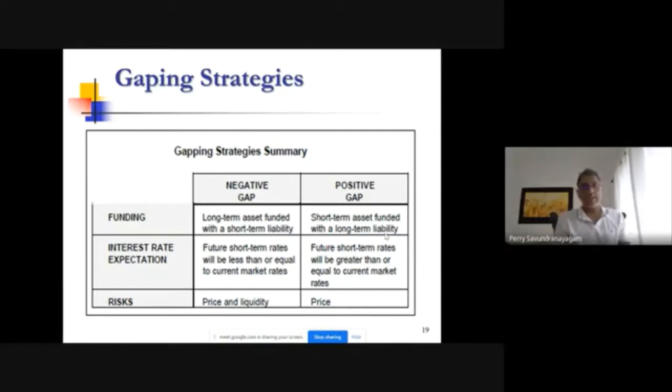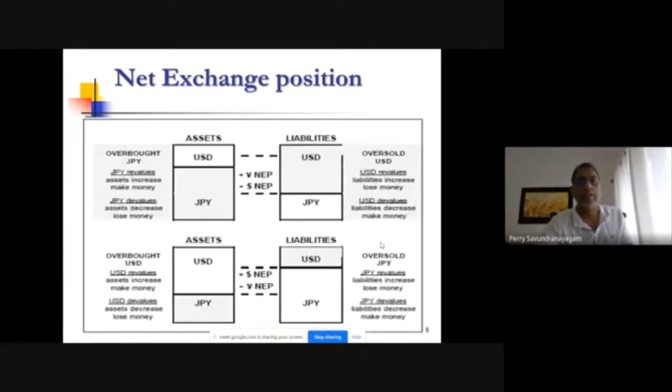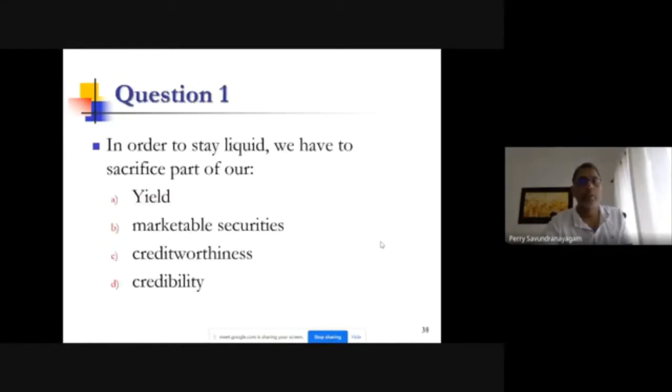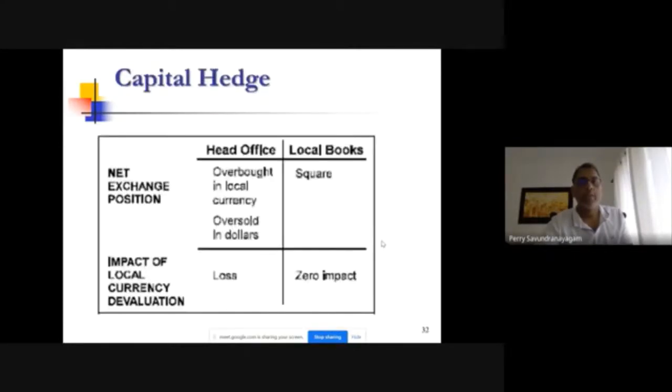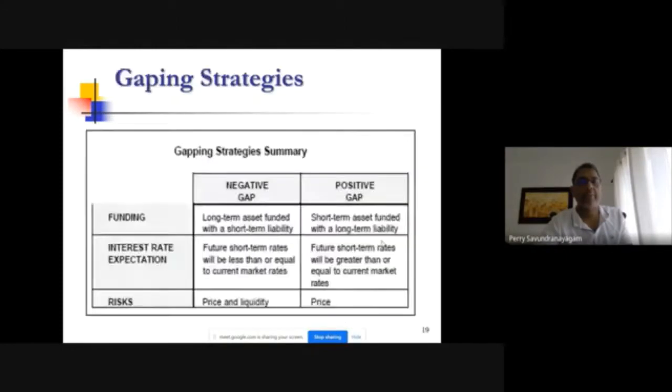Now, the question I have here is what the practical aspect of this is. Meaning, you have these gapping strategies and stuff like that, and you have a view on interest rates.